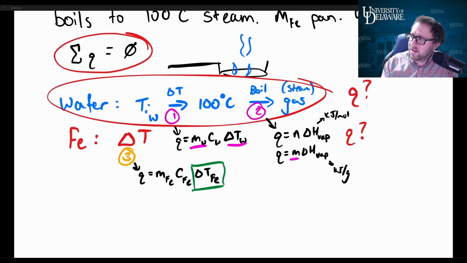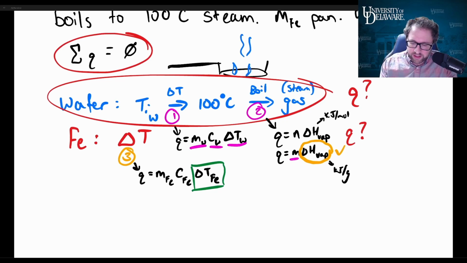This one, I don't think it's given to us in the problem, right? Yeah, so the problem's a little mean there. Does not tell you the delta H vaporization. That is in the lecture slides. That is a constant. So, right, it's probably dependent on pressure, but we assume all these happen at atmospheric pressure. So that's a constant. We can look that up. So we have that.